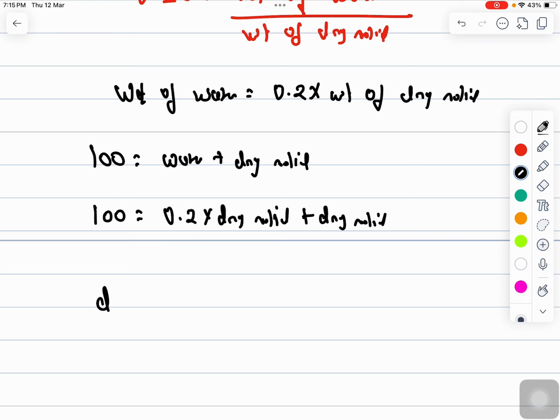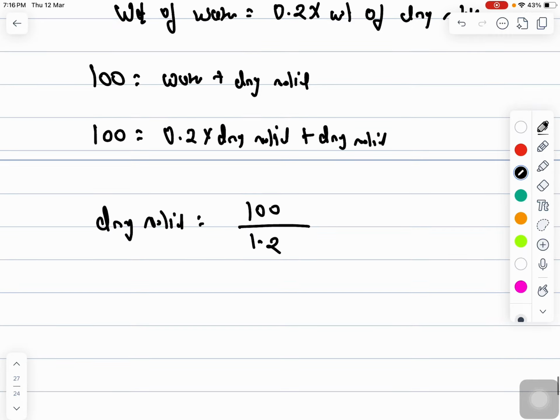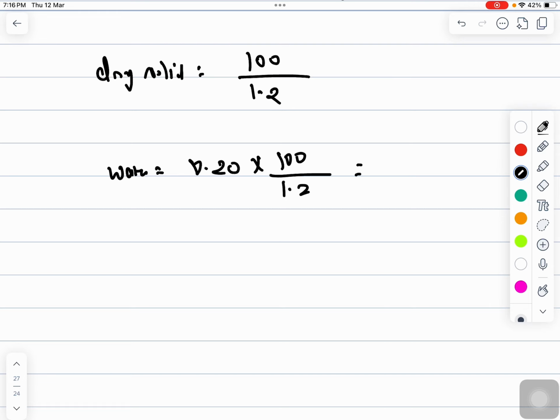So the weight of dry solid will be 100 divided by 1.2. Is that clear? And then what is the weight of water? 0.20 into 100 divided by 1.2. If you do the calculation, that is 100 divided by 6 kg, which equals 50 by 3 kg, right?